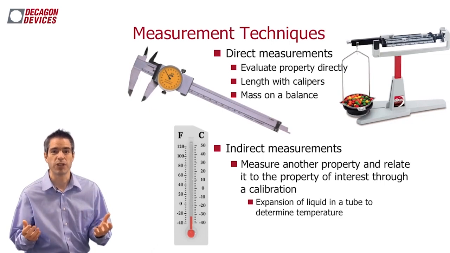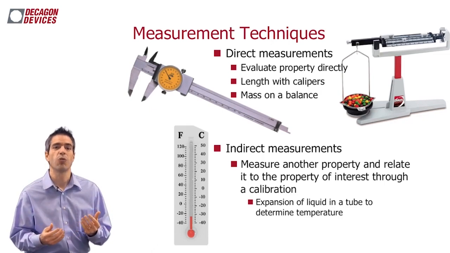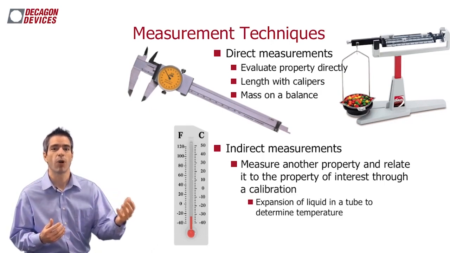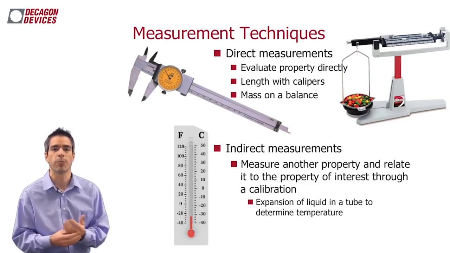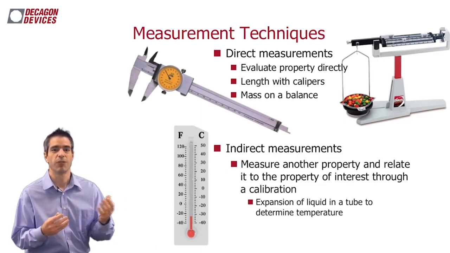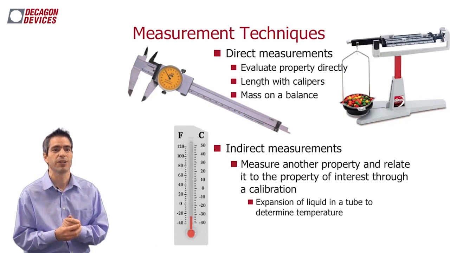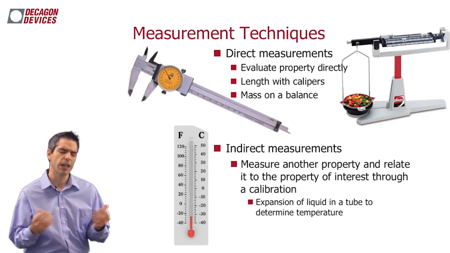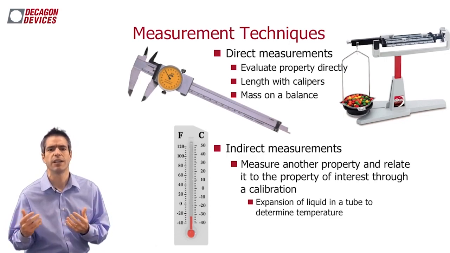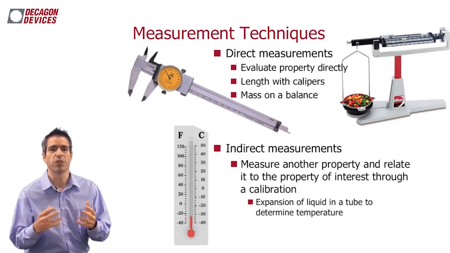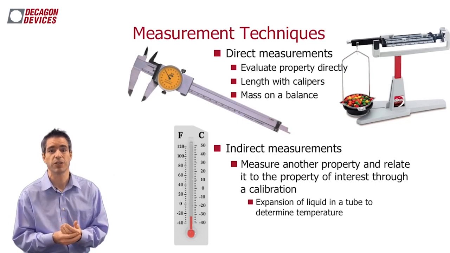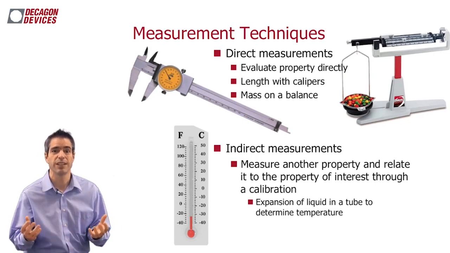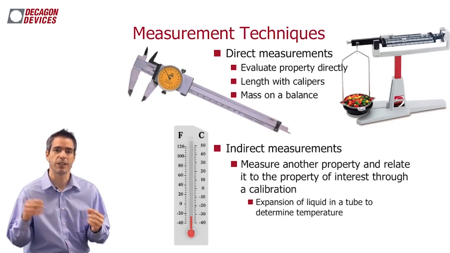Now indirect measurements are something where we infer a property that we don't know from a property that we can measure. If you look here at this thermometer, we all are familiar with thermometers, but rarely do we think, hey, I wonder if this thermometer is measuring temperature directly. Well, it's not. It's measuring the expansion of an alcohol inside a sealed glass tube.